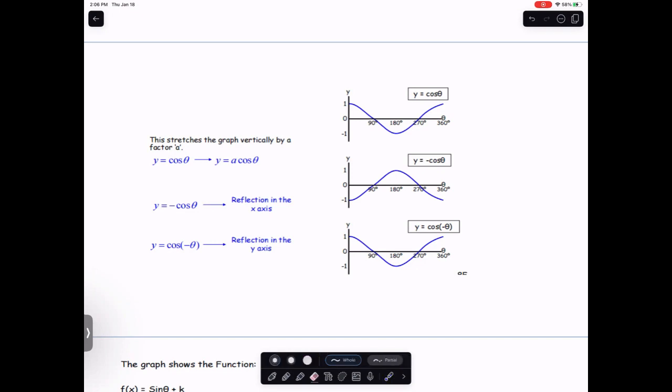Unlike the sine graph, where minus sine theta and sine minus theta have the same value, your cosine value is different here. So they are two different graphs for minus cos theta and cos minus theta. So we'll move ahead to solving questions using the trigonometric graphs.